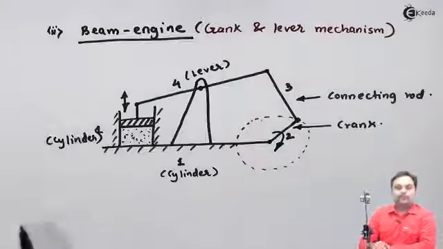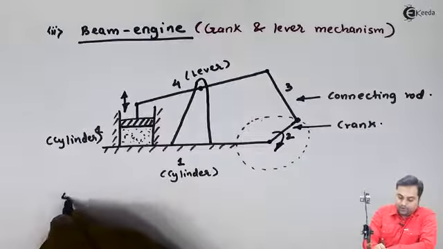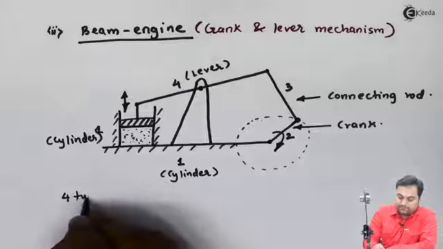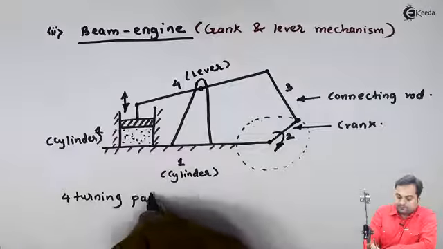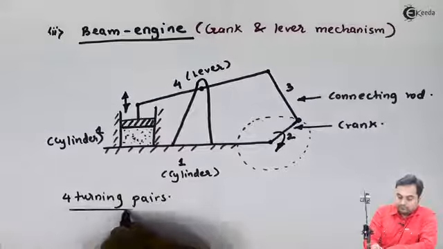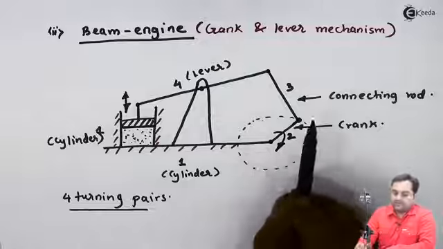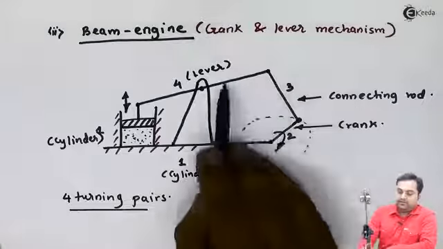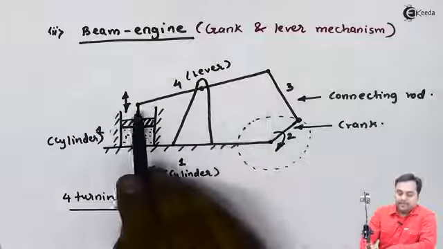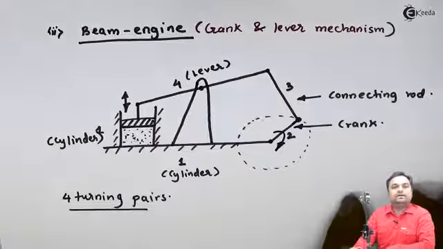So this is an example of a 4-bar chain, where we get 4 turning pairs. As we can see, between 1 and 2 there is turning, so it is the first turning pair. Between second and third, there is a turning pair. Between 3 and 4 it is turning, and again between 4 and 1 it is a turning pair. So this was regarding the 4-bar chain.